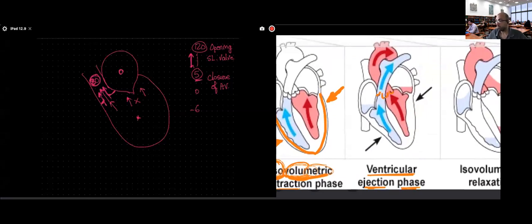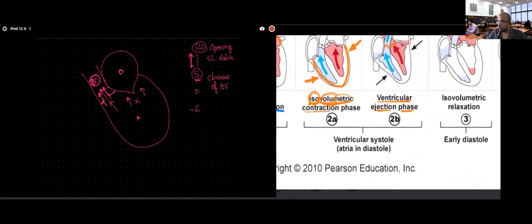Both of those phases, the isovolumetric contraction phase and the ventricular ejection phase, make up my ventricular systole. What's systole? Systole means ventricular contraction.